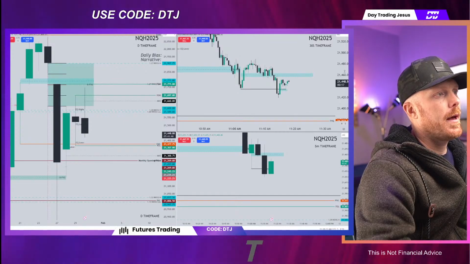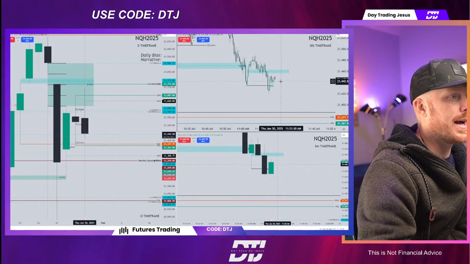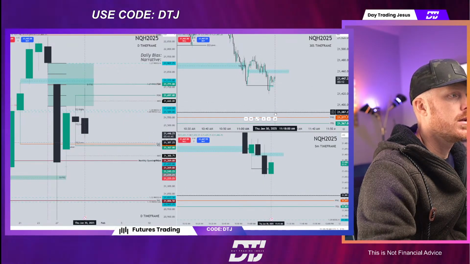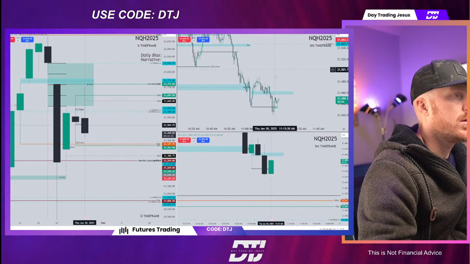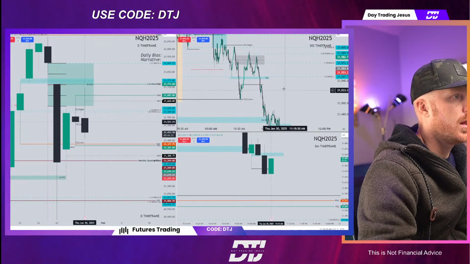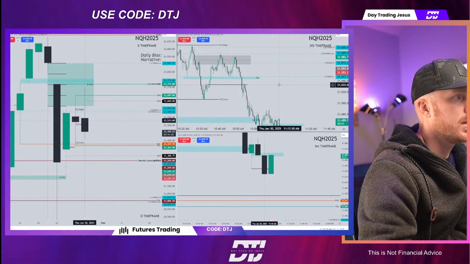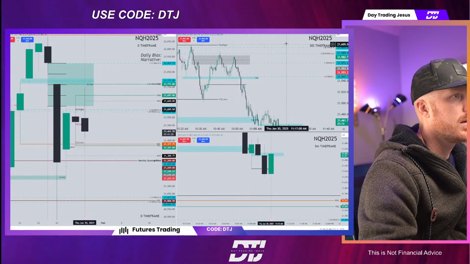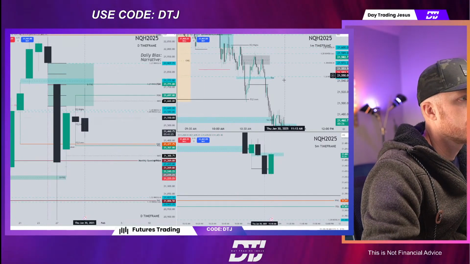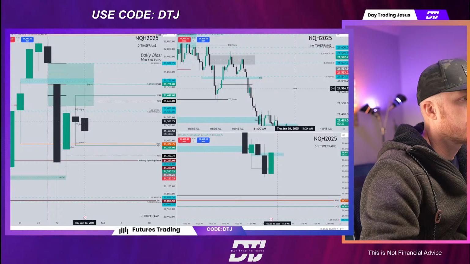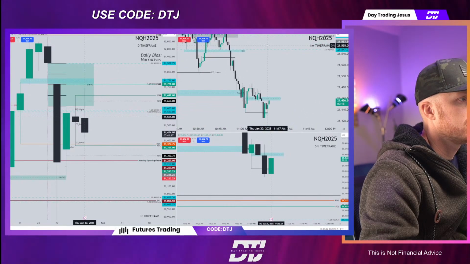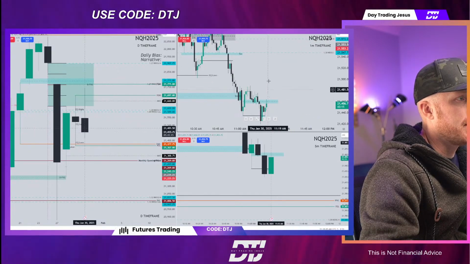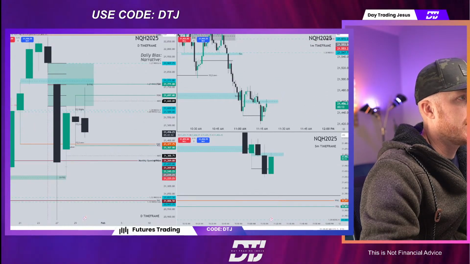So I think what I'm going to say here is I'm bearish until we get down to these equal lows. Or I'll become bullish if we get massive displacements, like a move like this.